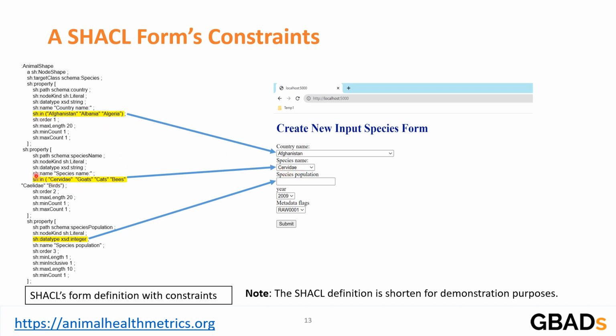Similarly, we can do the same for species name, for example, and the drop-down menu for the species. For the species population, we can link the input box to integers, and also we can create the constraint min inclusive 1, meaning that the field has to be greater than or equal to 1.